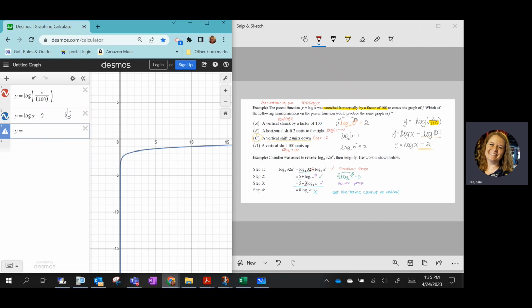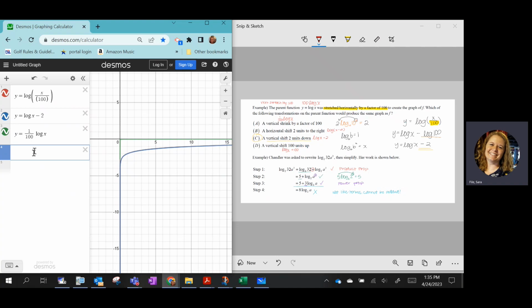So before I put the others in here, y'all can see, if I turn this one off, you can see the red underneath it. So you can see that these two are equivalent, the two that we came up with. But if I try to put in answer choice A, that would have been 1/100 times the log of x.